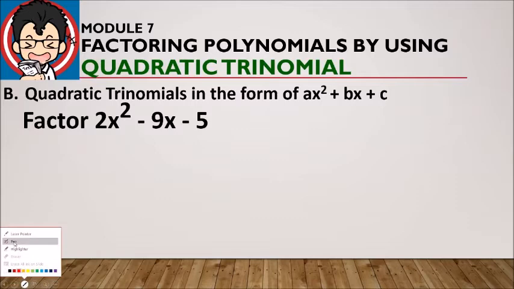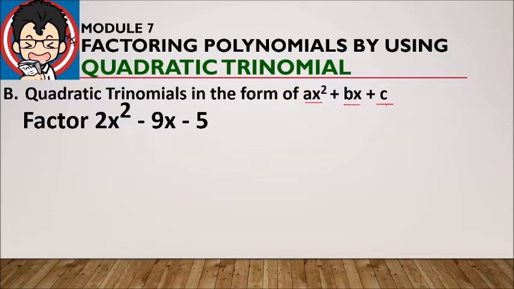Okay. Up next, and finally, the last method that we have to recall is factoring polynomials by using quadratic trinomials. Okay? So, ito yung second case natin. What kind of quadratic trinomial are we talking about here? We are talking about quadratic trinomials in the form of ax squared plus bx plus c.